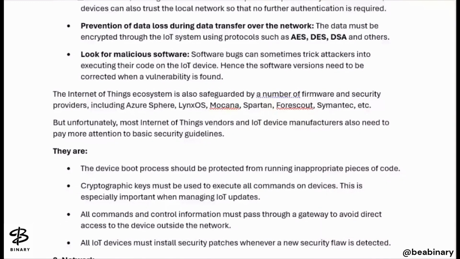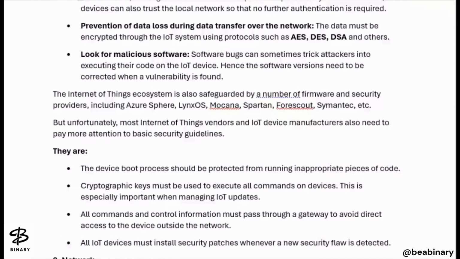What is a firmware, right? Whatever we are getting from a particular firm. These include Azure Sphere, Linux OS, Mocana, Spartan, Polyscott, Semantics, etc.